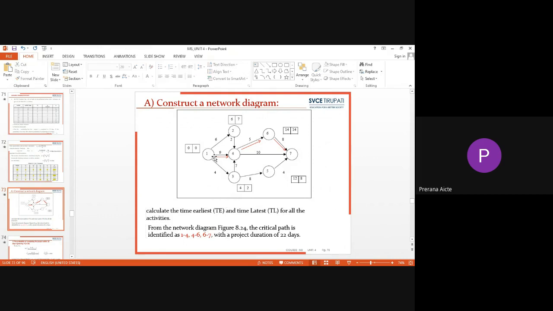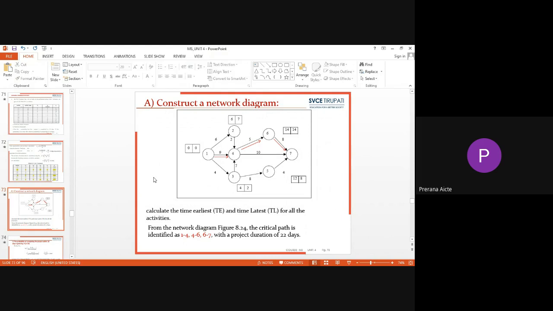For 1 to 4 we have a duration of 9 days, and for 4 to 6 we have a duration of 5 days. So 9 plus 5 is 14, and for 6 to 7 we have a duration of 8. So 14 plus 8 gives a total duration of 22. This is the highest project duration, which can be obtained only in this particular path.